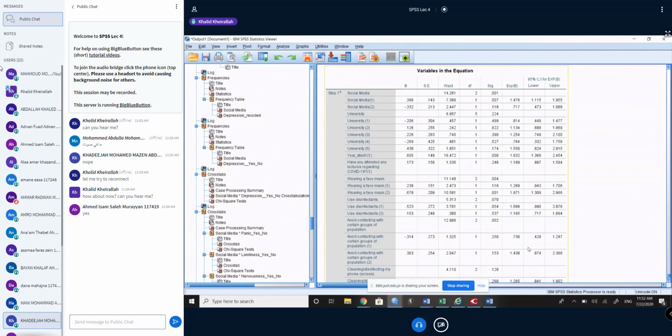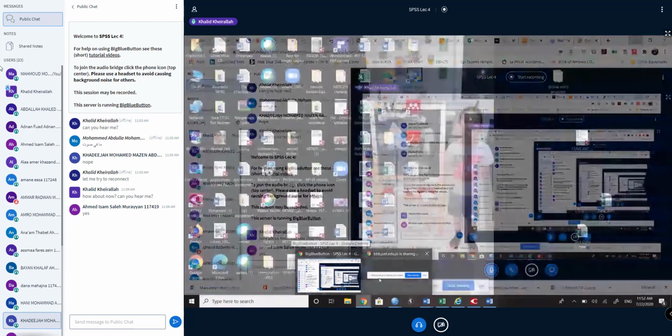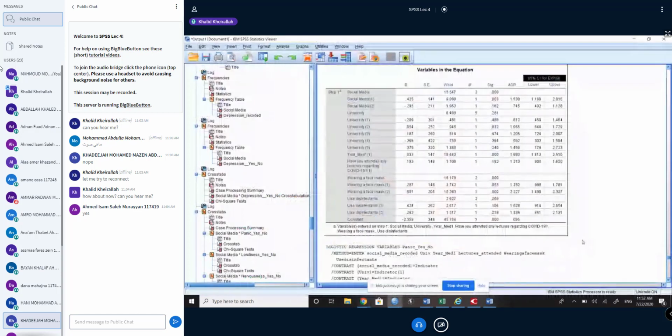Now, some of these factors, for example, wearing a mask and using disinfectant, go together. Again, we are assessing statistical association. We are not assessing cause-effect relationship, okay?